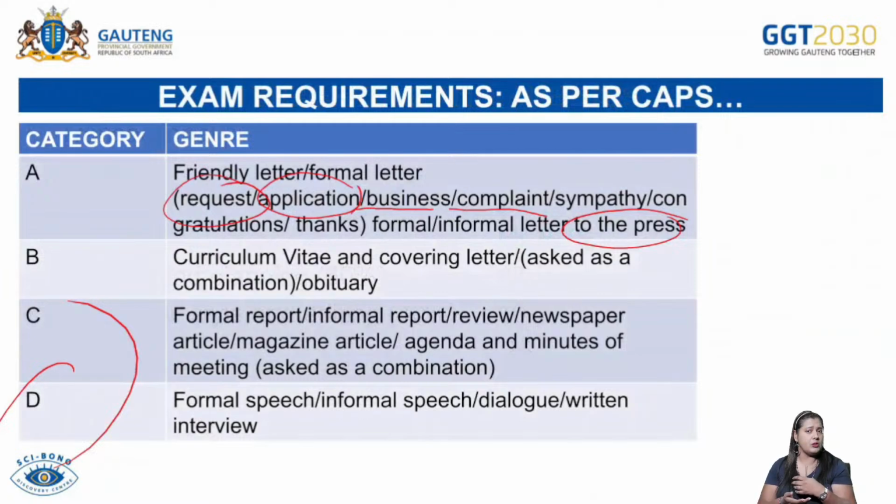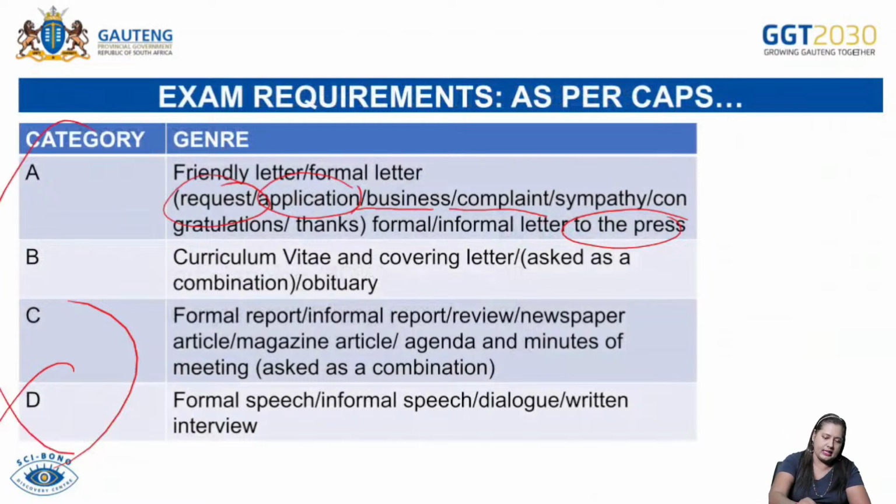If it's an informal speech, where you're just talking very casually at a birthday party, for example, that would be a different way of talking from an assembly or a convention speech that you may need to come up with. Then we've got the dialogue and the written interview. There again, there'll be a slight difference between the two, but I will cover that in the lesson.